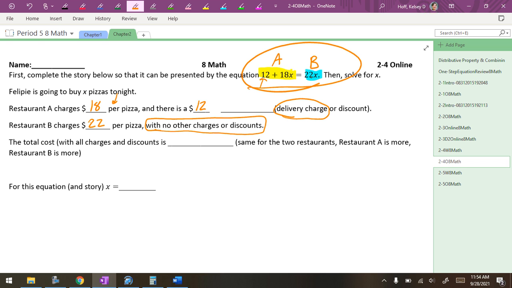Gatlin? Why? Because it charges $18 cheaper than 12, but it charges an extra $12, and 18 plus 12 would be 30. Okay, but we don't know how many pizzas they're buying. All we're talking about is to set up this equation. Restaurant A is not more.